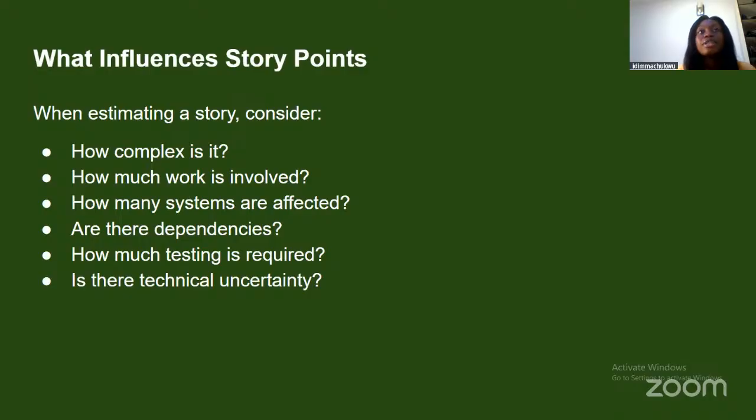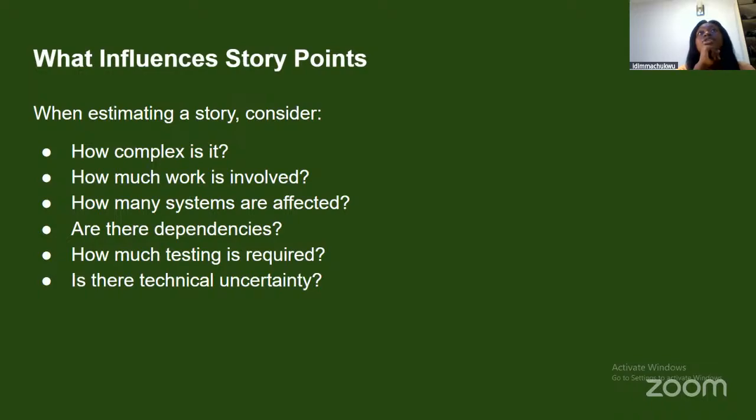Now, what are dependencies? I'll give you an example. You have two user stories. The first user story is that the user wants to be able to view their dashboard. And then the second user story is that the user wants to be able to sign in to their application.